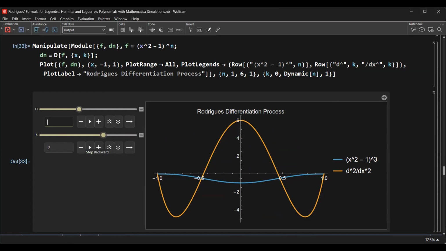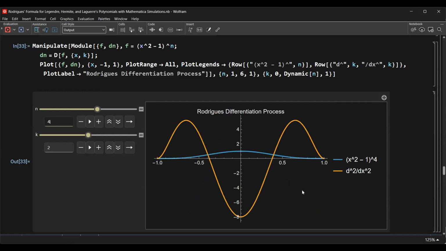For example, we have the fourth here, x squared minus 1 raised to the fourth. So we have the plot of this. Then the second derivative of x squared minus 1 raised to the fourth is given by this orange color. Okay.